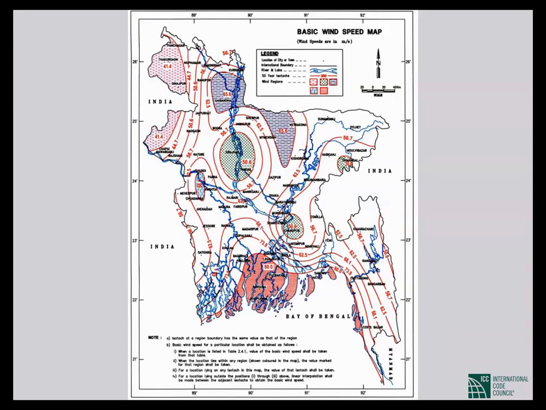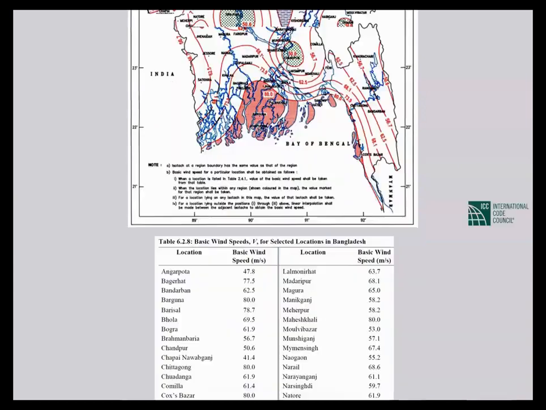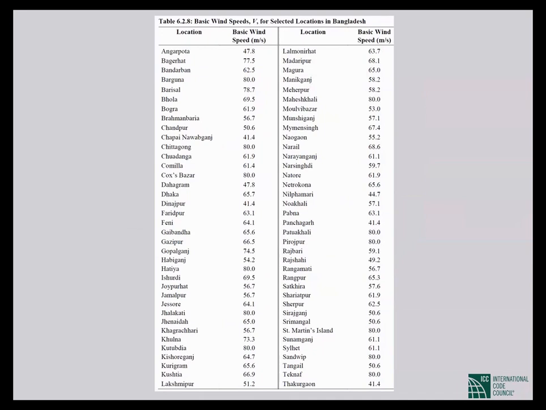The wind velocity V will come from this map. In addition to the map, you should be very thankful that in the Bangladesh Building Code, for most significant communities in the country, you have the design wind speed listed in a table. So for Dhaka, it is 65.7 meters per second. Nothing could be any easier than that. You don't have to do any interpolation.